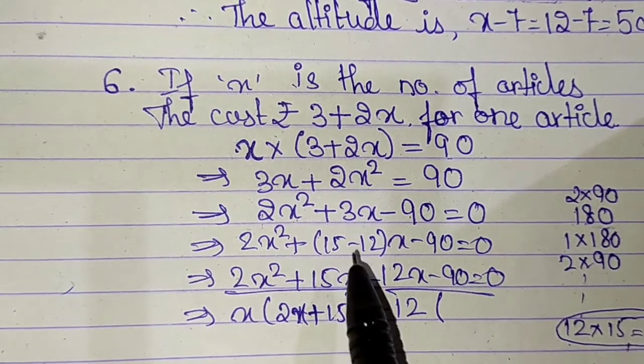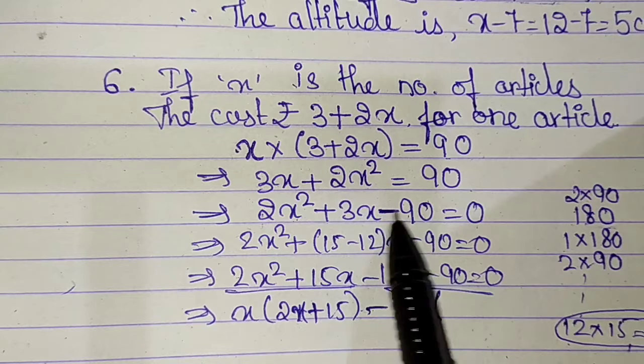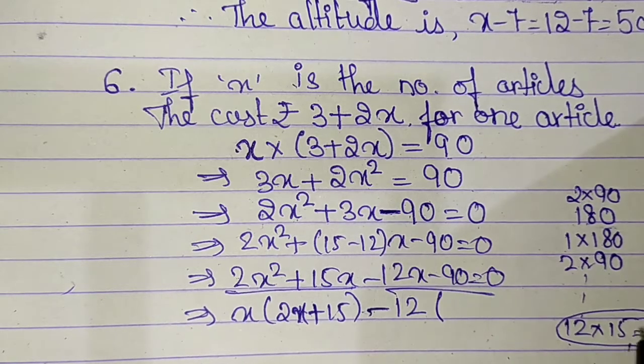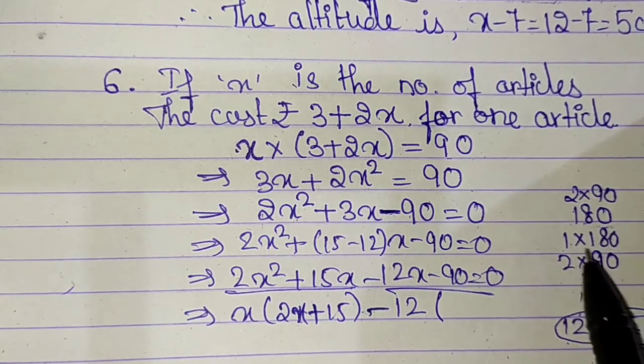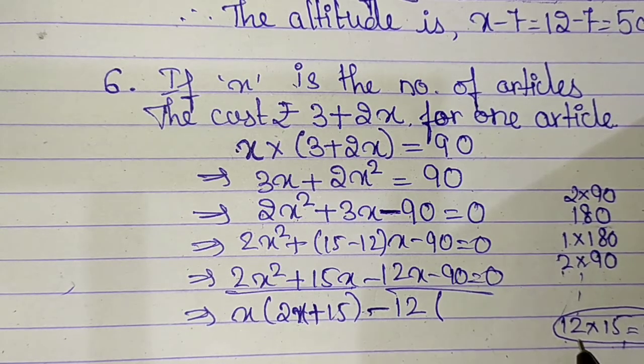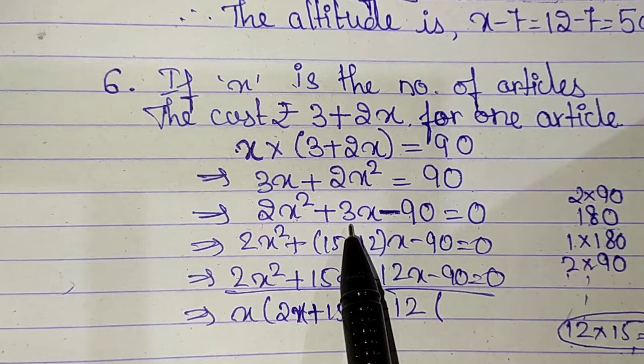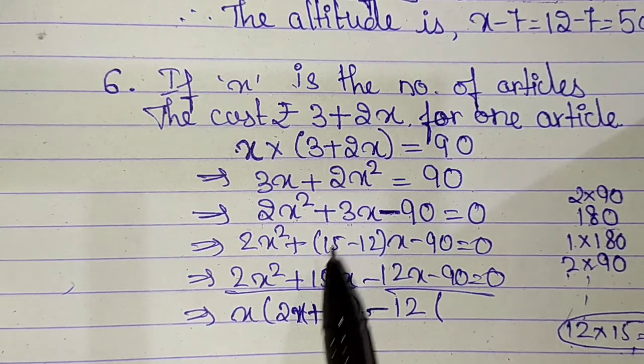15. So here if you see, the operation before the third term is subtraction. That is, we have to subtract these factors, 180 minus 1, 90 minus 2, and so on. On subtracting 15 minus 12, we get 3. So 3 is the middle term of the equation we got from the information given.